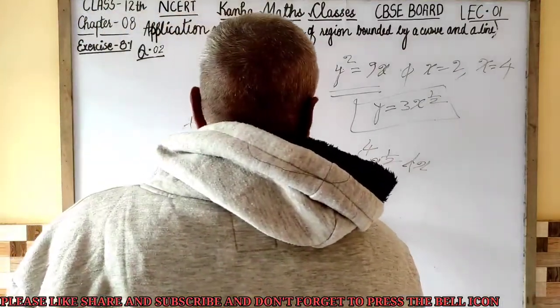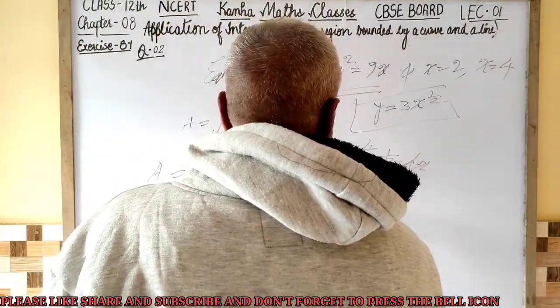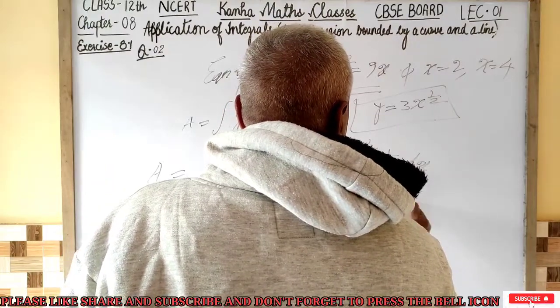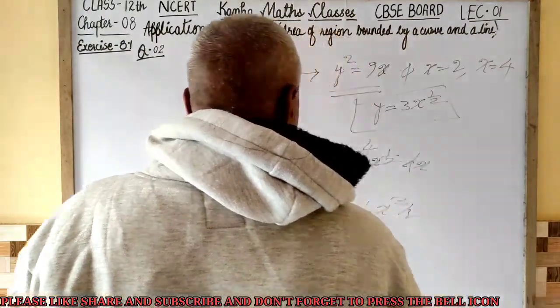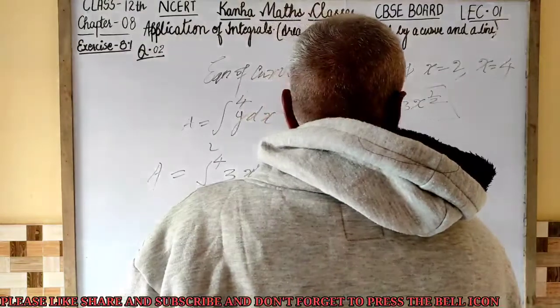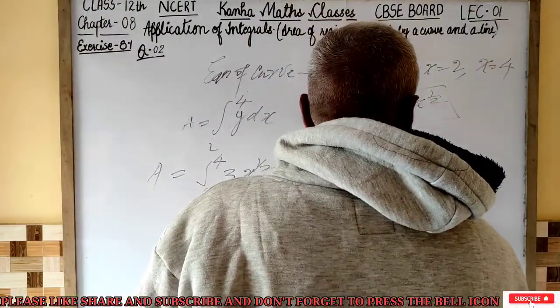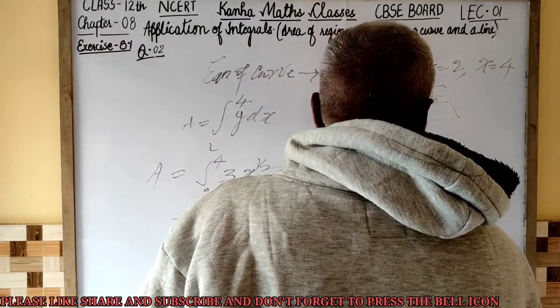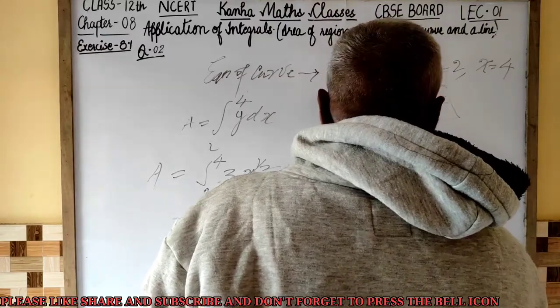This is equal to 3 times x to the power 3/2 into 2/3, with limits from 2 to 4.